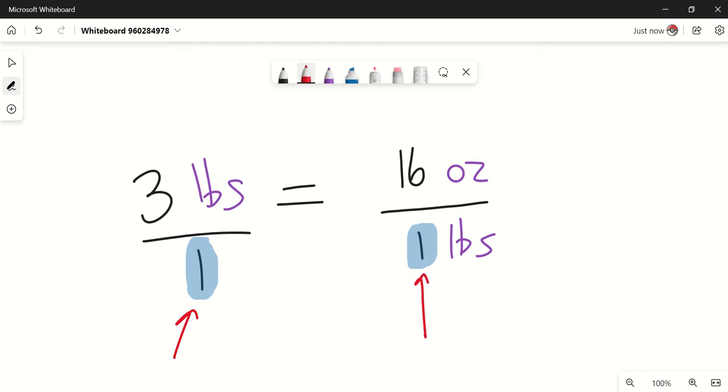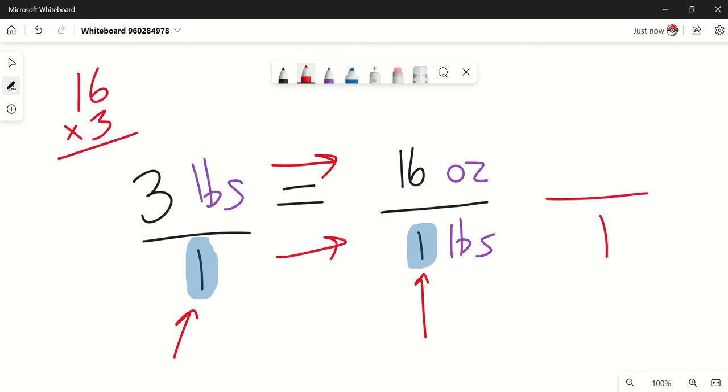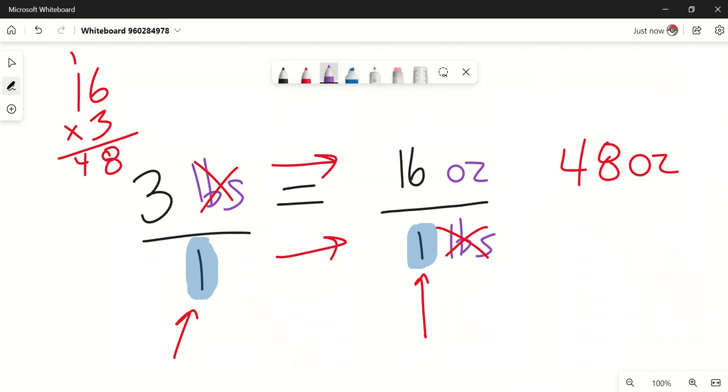We would just multiply straight across, which gives me 16 times 3 over 1. 3 times 6 is 18, carry the 1, 3. Because we cancel out the pounds, my answer would be 48 ounces, because 48 over 1 is just 48. Therefore, 3 pounds is equivalent to 48 ounces. This is when we use unit rate.